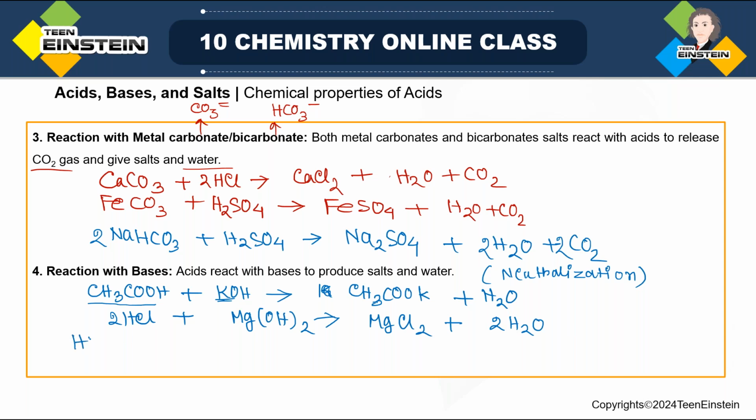Next we will take a different type of acid, which is HBr. Normally whenever we discuss anything related to acid, we mostly take HCl or H2SO4, but now we have taken HBr. And let's take ammonium hydroxide. Ammonium hydroxide is basically generated from ammonia. Ammonia is actually a gas, but when you dissolve it in water, it combines with water and forms the base NH4OH.